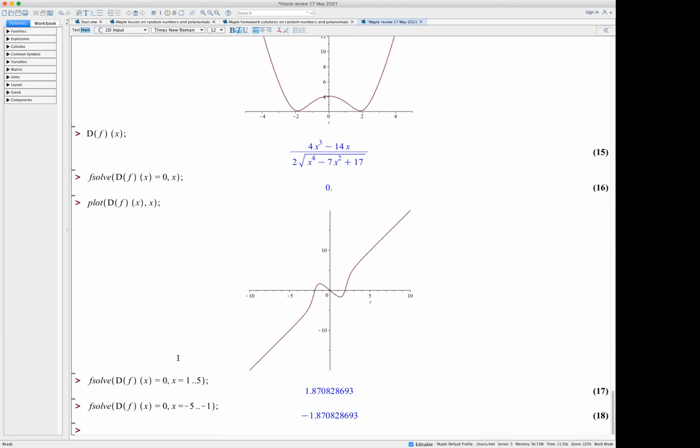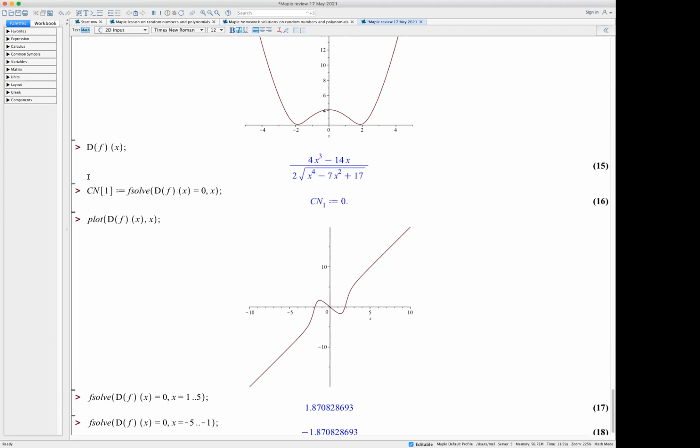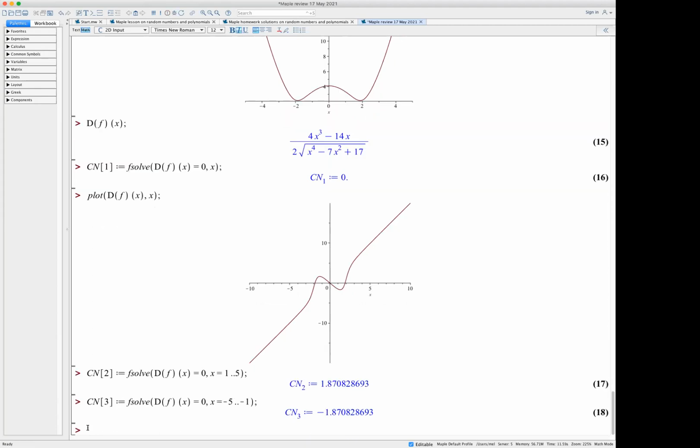So I have 3 critical numbers. Let me just give them names. This is critical number 1. This is critical number 2. And this is critical number 3.